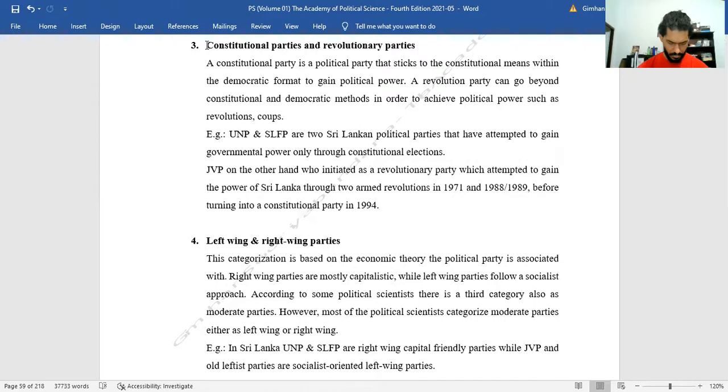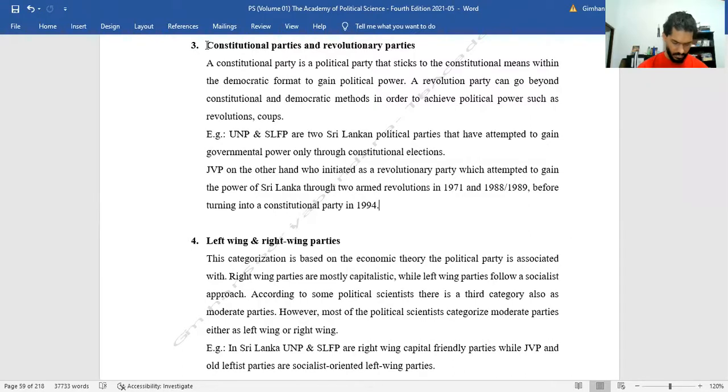For example, UNP and SLFP are two Sri Lankan political parties that have attempted to gain governmental power only through constitutional elections. JVP, on the other hand, initiated as a revolutionary party which attempted to gain the power of Sri Lanka through two armed revolutions in 1971 and 1989, before turning into a constitutional party in 1994.